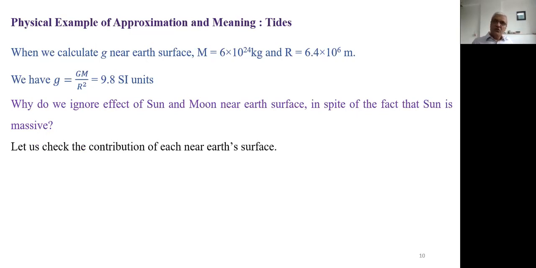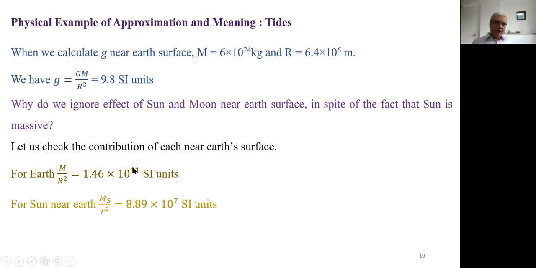So let's check their contribution. For Earth, you have m upon r square in g, which is around 10 raised to 11. If you take the effect of sun near Earth's surface, that m by r square is around 9 into 10 raised to 7, or almost 10 raised to 8. That's almost 3 orders of magnitude smaller, 1,000 times smaller.